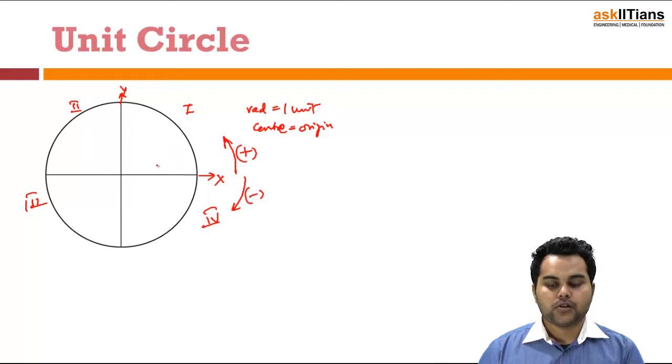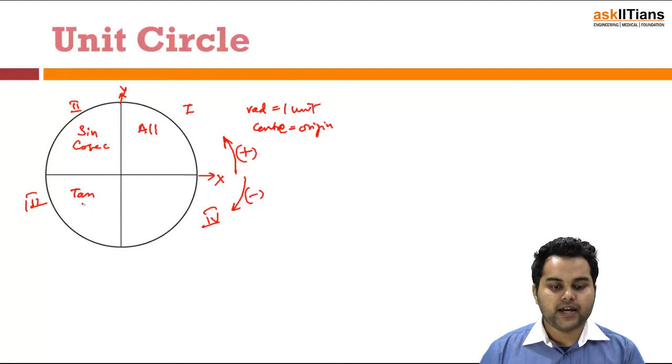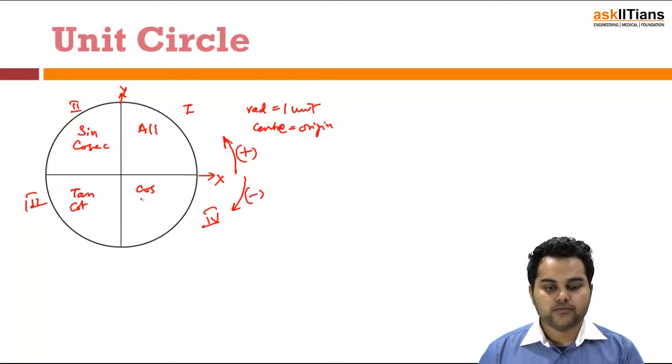So suppose I need to find out the value of sin theta, cos theta in the first quadrant, or tan theta. I have 6 trigonometric ratios and all of them are positive in the first quadrant. In the second, only sine is positive and its reciprocal cosec. In the third goes for tan and cot, the reciprocal of tan, and in the fourth, that gives me cos and its reciprocal sec.